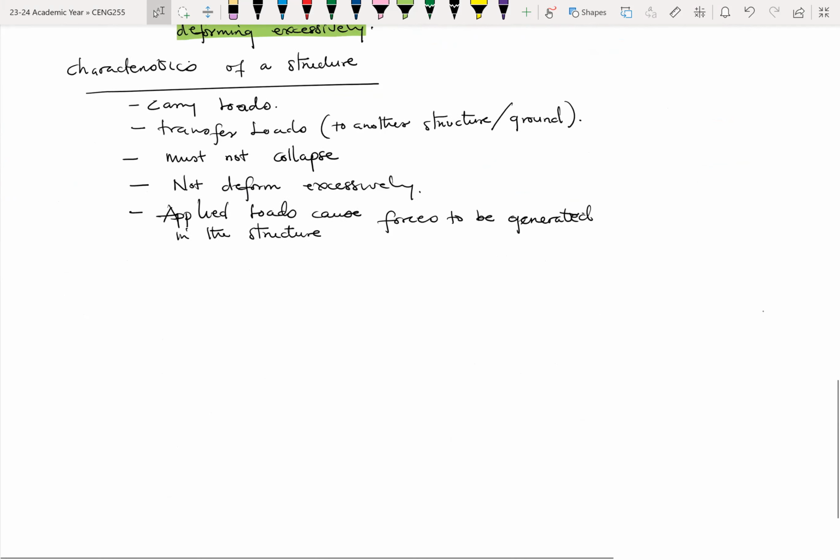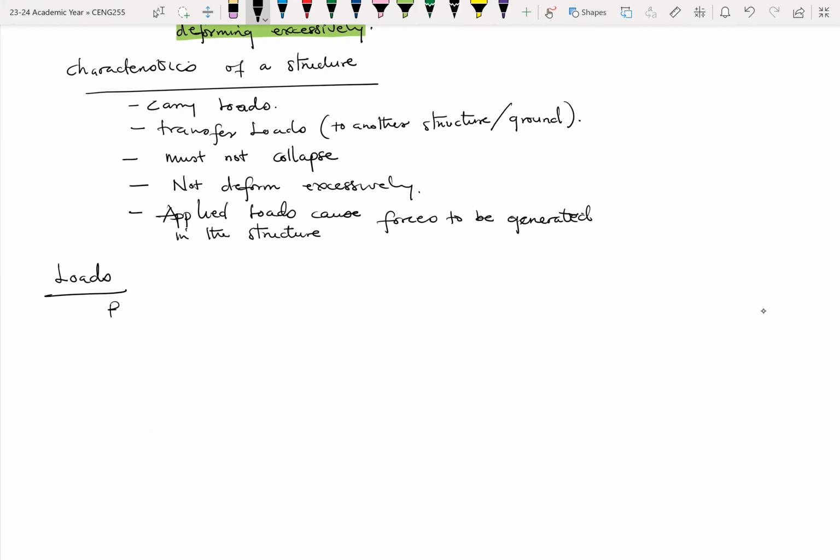So what are loads? We have different types of loads. Any weight on a structure pretty much acts as a load, right? We can categorize the loads based on their directions, the direction in which the loads are applied.